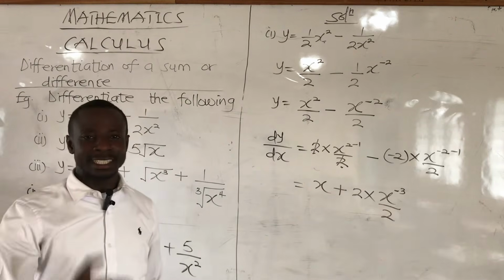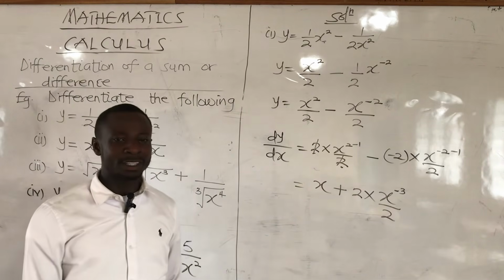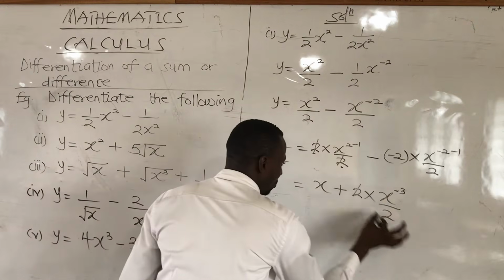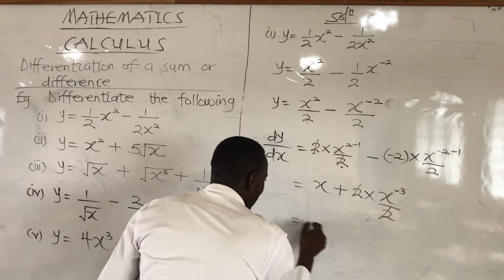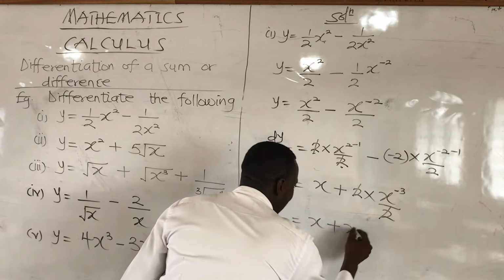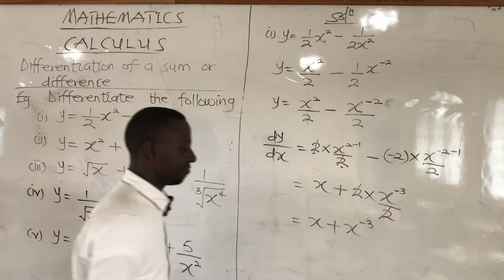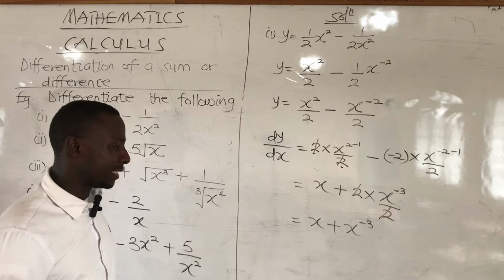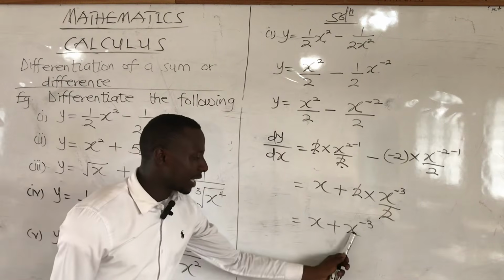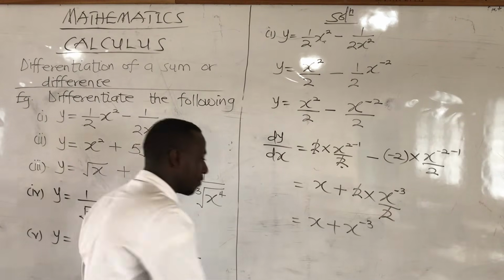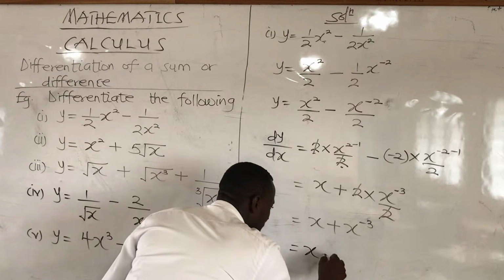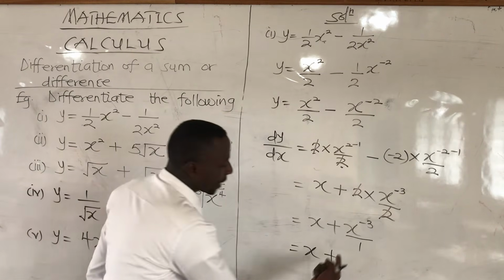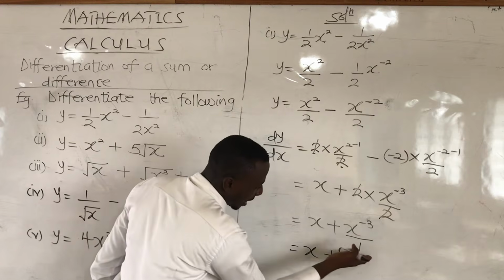We are making it step by step so that the understanding will be fantastic. So from here, 2 also cancels the 2. Then we have x plus x power negative 3. So writing this one in a fractional form, we are going to have x plus, you all know that this one is the same as over 1, but we want to bring everything here down.